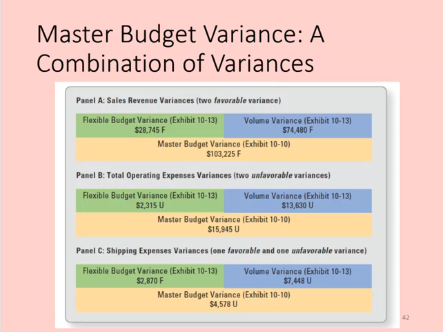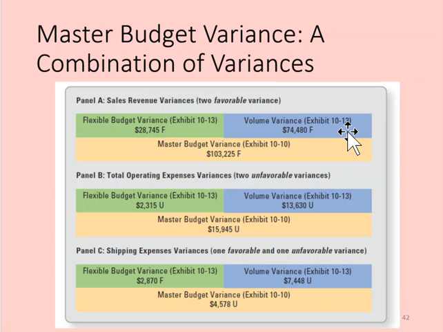So now that we've prepared a flexible budget performance report, it's easy to see how the master budget variance can be viewed as a combination of two separate variances. Again, we will have the flexible budget variance, which will be due to cost controls, and the volume variance, which will be due to a different operating level of activity.